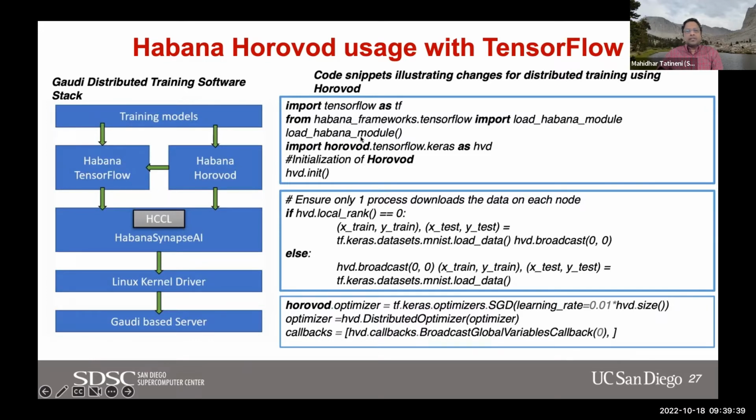We are still loading the Habana module and then just importing Horovod, doing the Horovod init, which is the same thing you would do on a GPU, for example. Download the data set and use the Horovod optimizer. So as you can see, for the end user, this doesn't look very different from what you would do on a GPU. There are minor additions and then things go on.